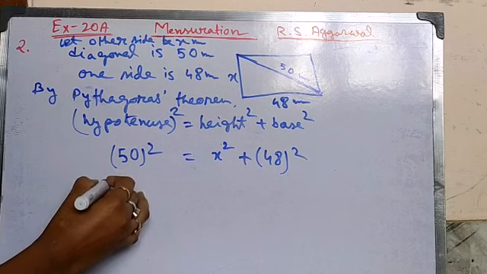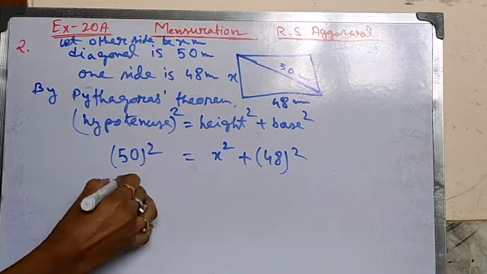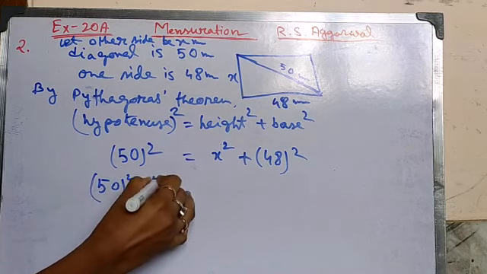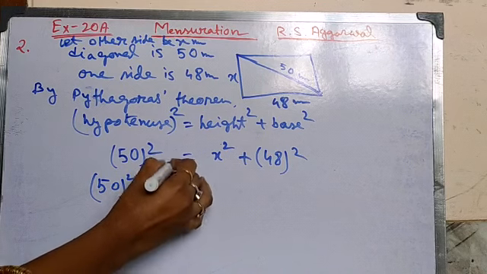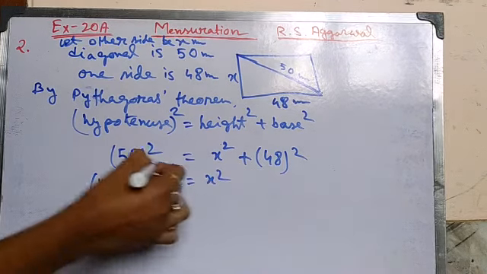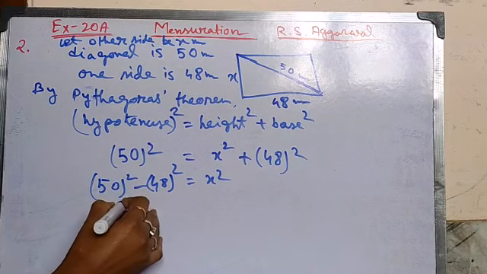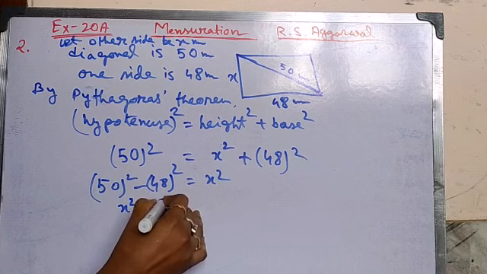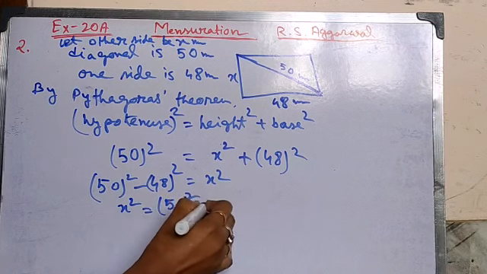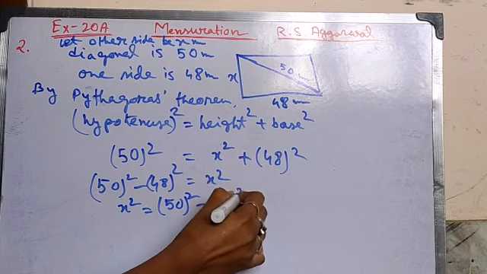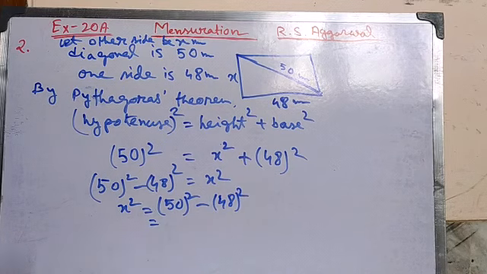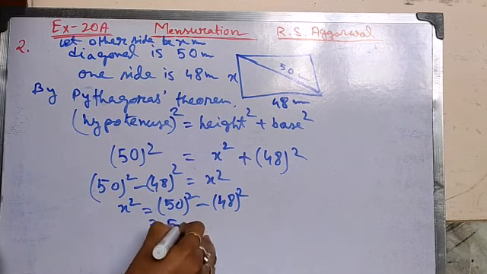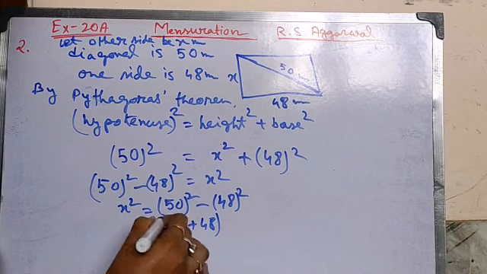Now I fix x on one side. The square will come to this side. So here x square equals 50 square minus 48 square. Here I will use the algebraic formula a square minus b square equals a plus b into a minus b.